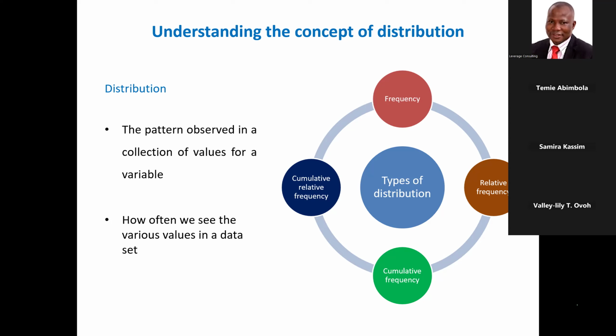Distribution means the pattern observed in the collection of values for a variable. That is how often we see the various values in a data set. That is the pattern you see in a data set of the values of the variable. For example, we want to give an example.